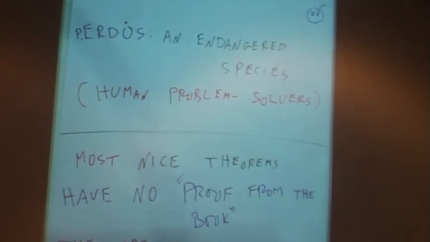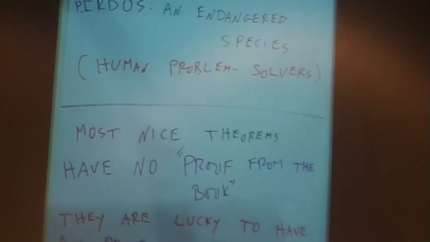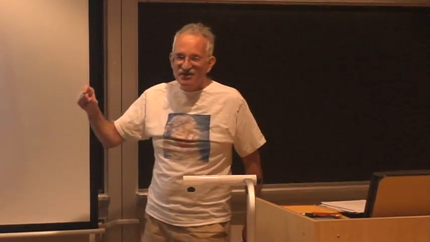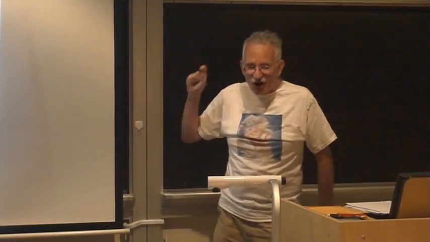In addition to proving that there exist statements that have no proof, he also proved that there exist true statements that do have proofs, but the proof is very, very, very long. So he proved, in fact, that most statements, which Erdos would call elegant, do not have a short proof. You do not have a proof from the book.